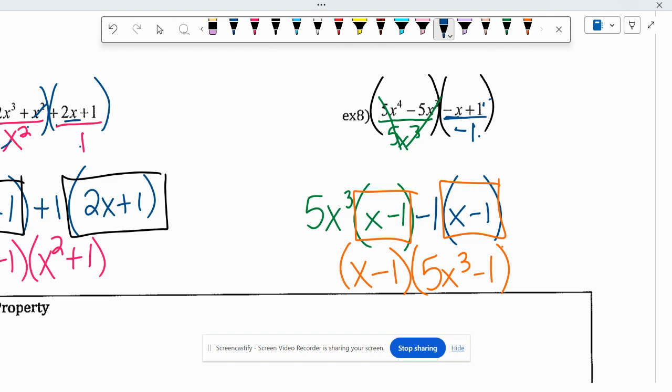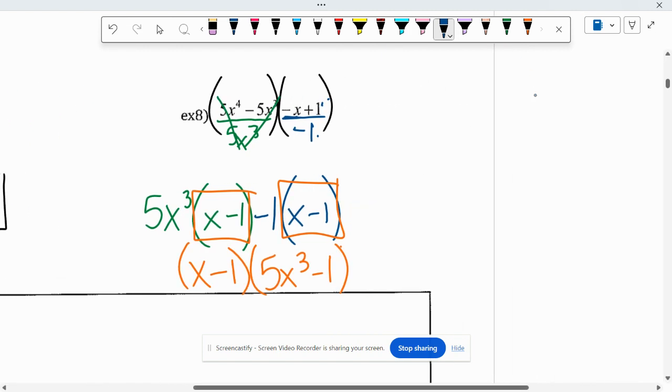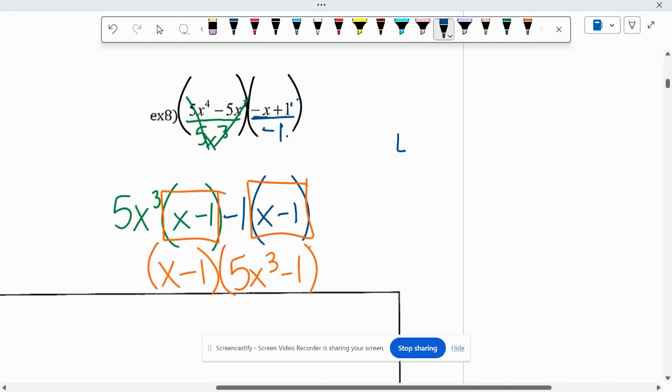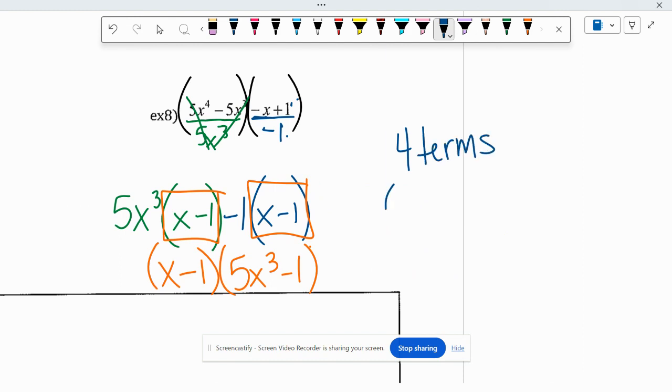So I want to just kind of make sure we understand what's going on. Every time we factor by grouping, we have 4 terms. We break it up into 2 groupings, 2 terms and 2 terms.